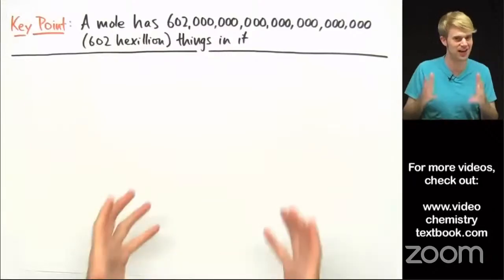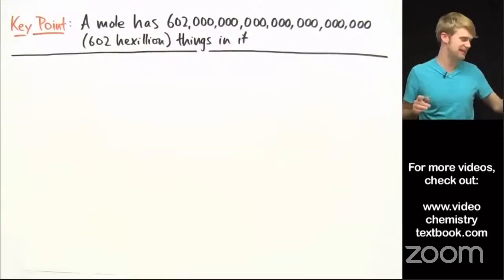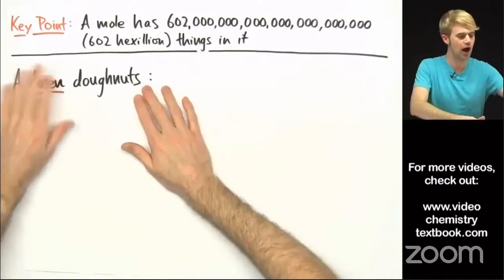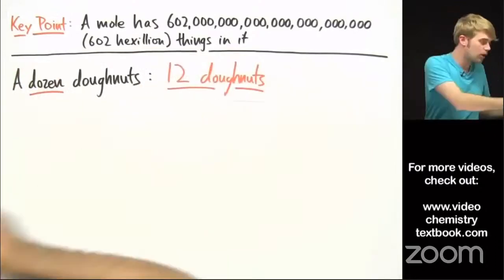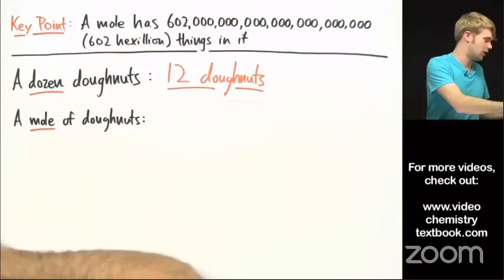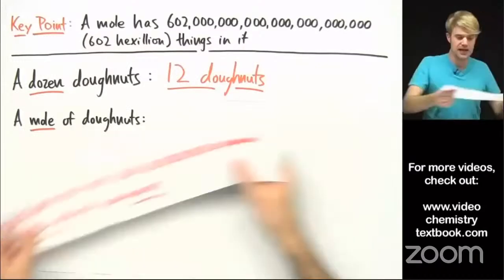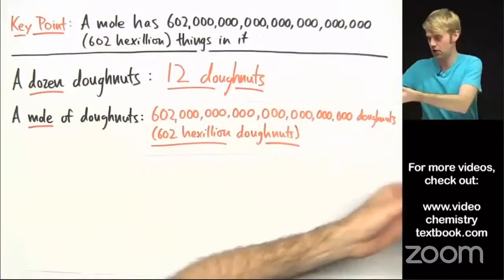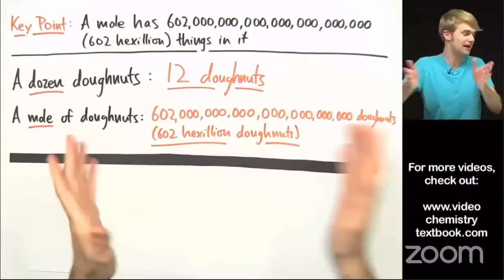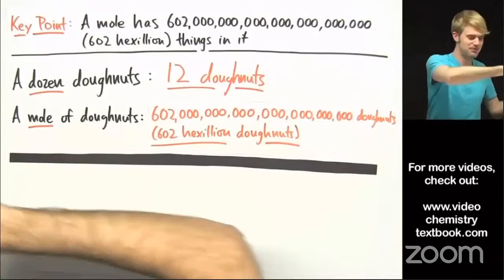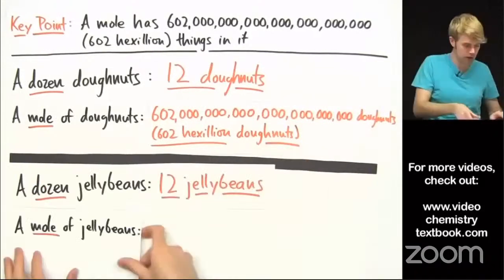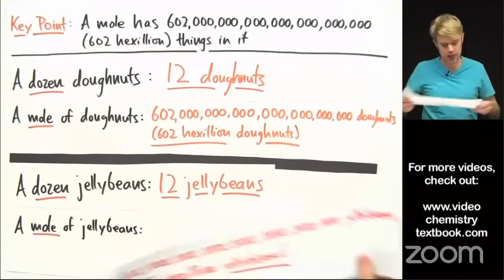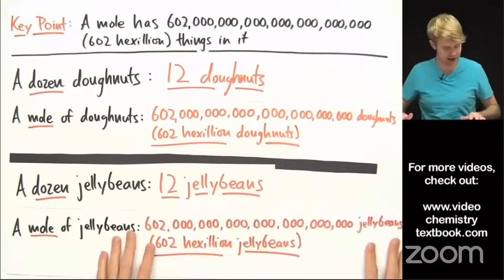And just like a dozen, we can have a mole of anything, right? So we could have a dozen donuts, which would be 12 donuts, or we could have a mole of donuts, which would be 602 hexillion donuts. Or we could have jelly beans. A dozen jelly beans would be 12 jelly beans, and a mole of jelly beans would be 602 hexillion jelly beans.